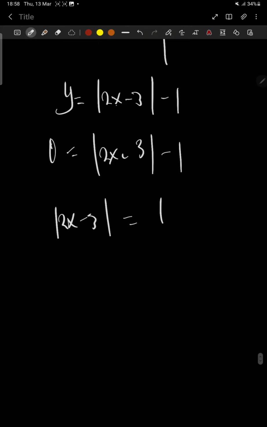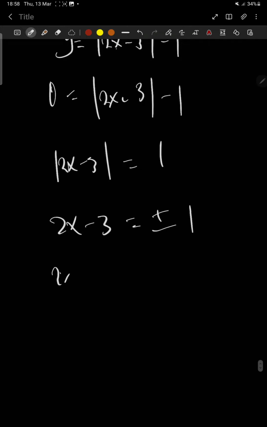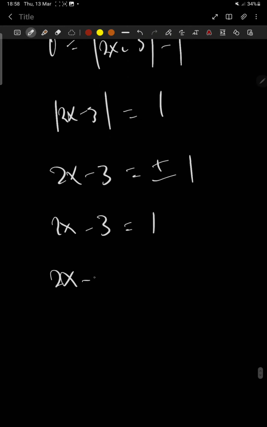You solve the modulus by putting plus or minus, so 2x minus 3 is equal to 1, and 2x minus 3 is equal to negative 1.